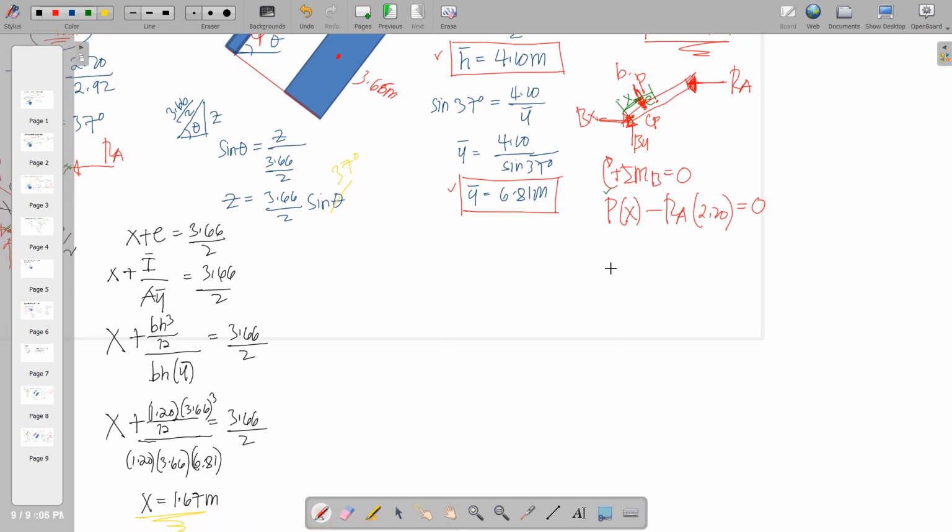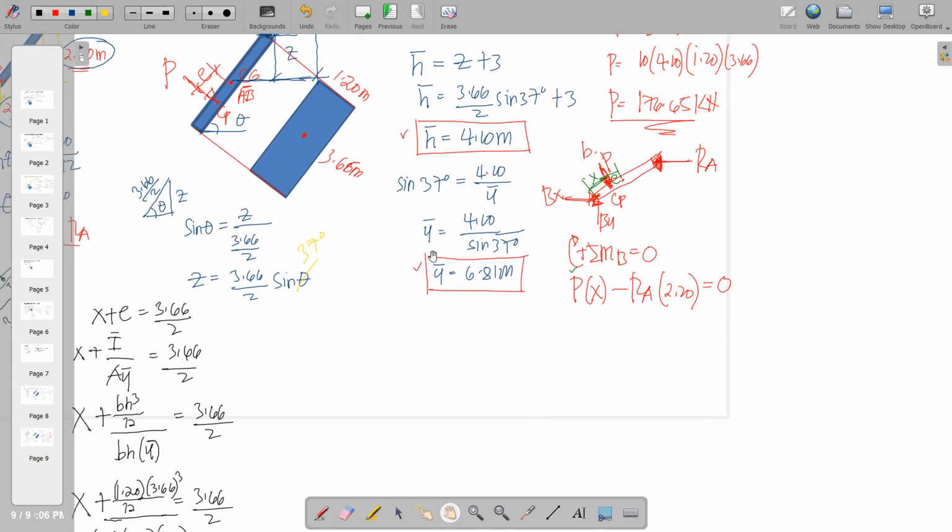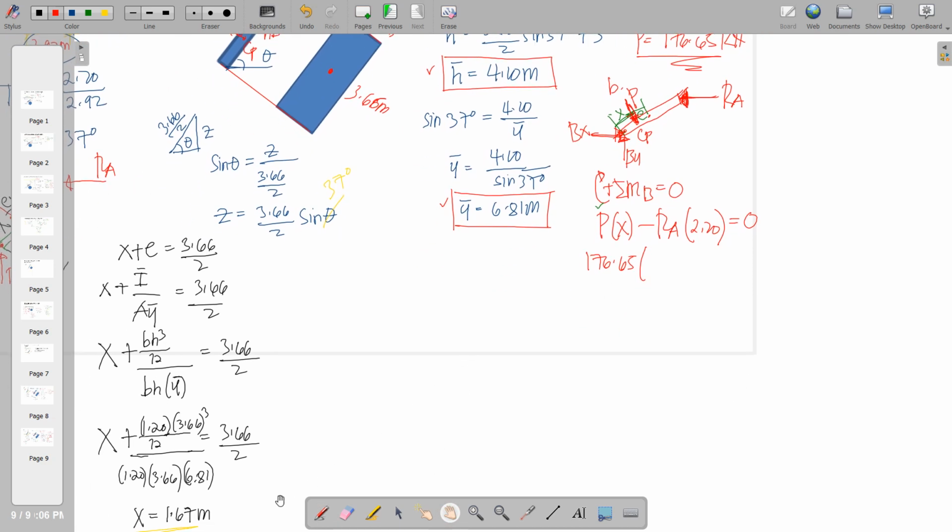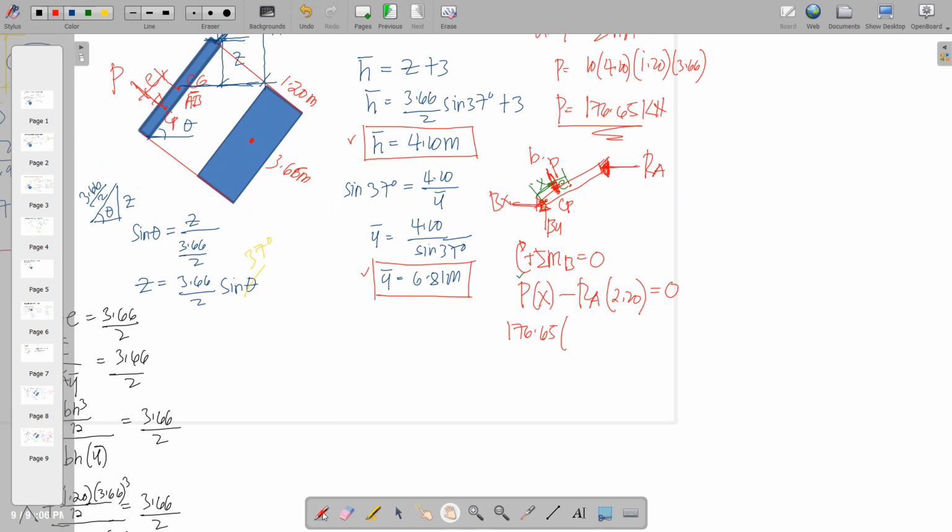So the computed P is 176.65 times x, this one, 1.67 minus the unknown reaction times 2.2 is equal to 0. So solving for RA, we have 133.77 kilonewtons.